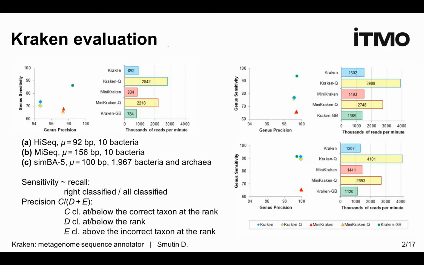It is also interesting that when sensitivity is higher, the precision is smaller. It is a common problem when we evaluate different thresholds. And here we can see it on the HiSeq data, but not on MiSeq as well as simBA data.